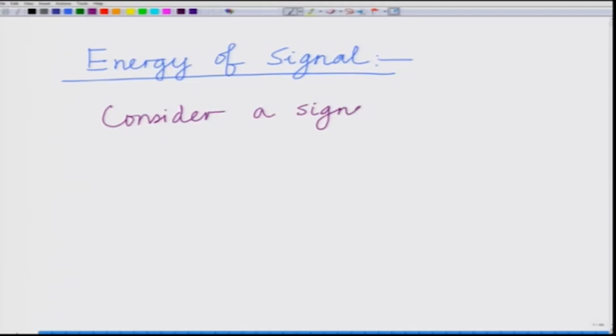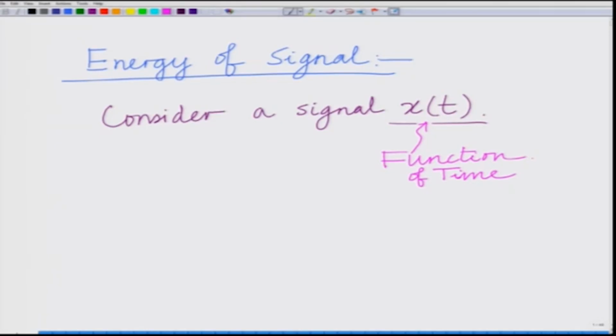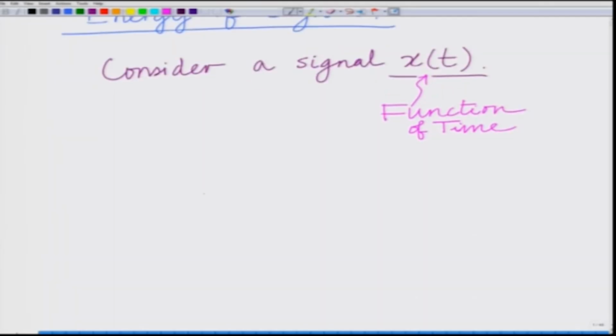Naturally, this signal is a function of time, that is, t denotes time, and the energy Ex of this signal x(t) can be defined as follows.